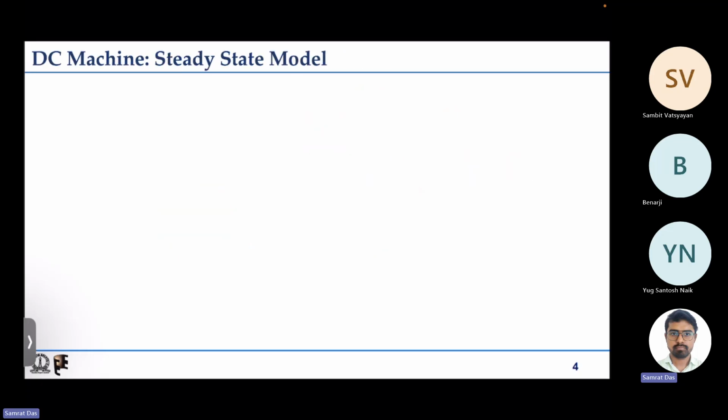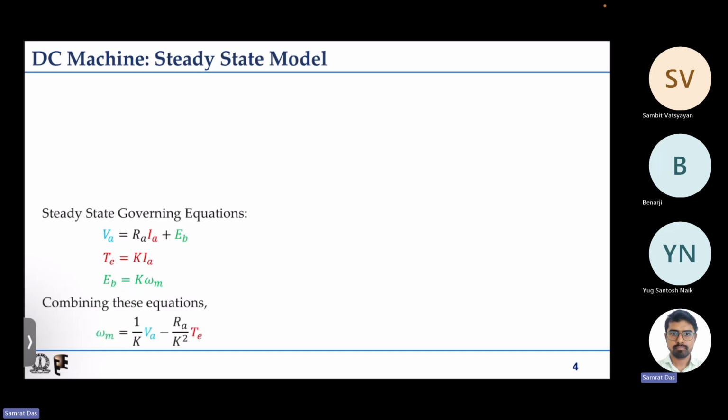Then we understood, once we talked about the DC machine steady state model, that in steady state models we remove all the dynamics involved. So these are the steady state governing equations. This can be rewritten like this, where the speed and the torque are the important quantities, and Va is one of the variables which is within our control.